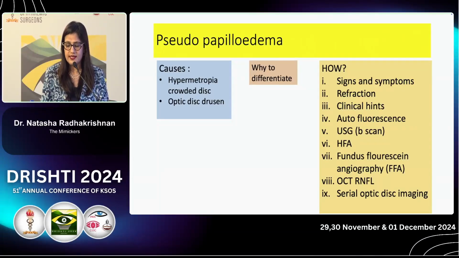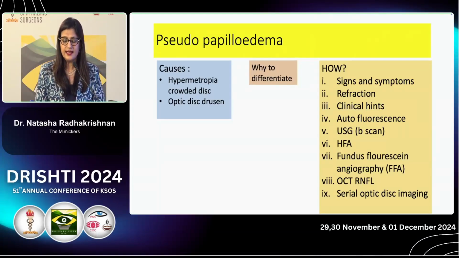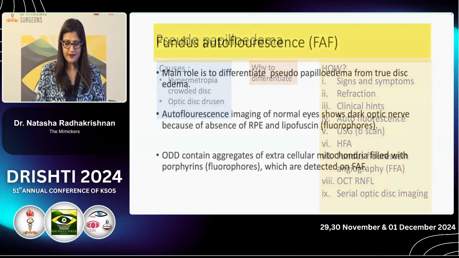What gives you the signs and symptoms, of course, then the refraction, then other clinical hints, like a lumpy bumpy appearance in the case of an optic disc drusen, which is not a uniform enlargement or rising of the optic disc. The things that help us in this are the ultrasound, the fields, and the FFA.